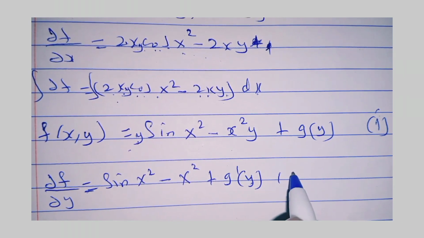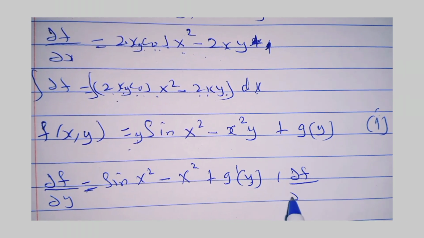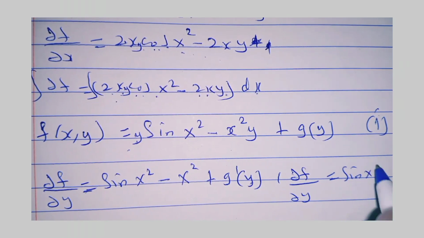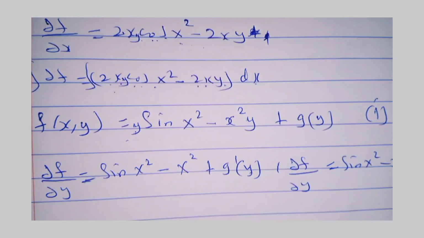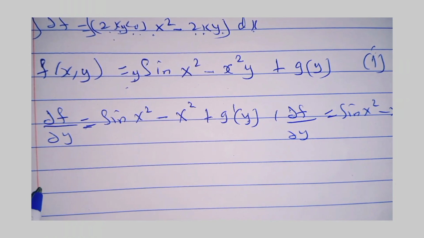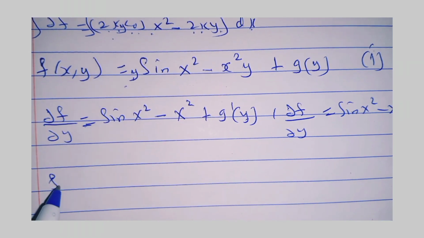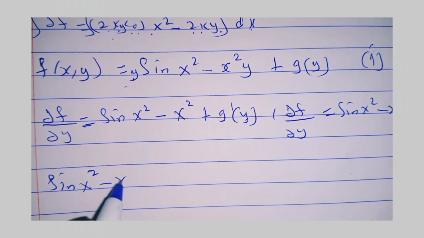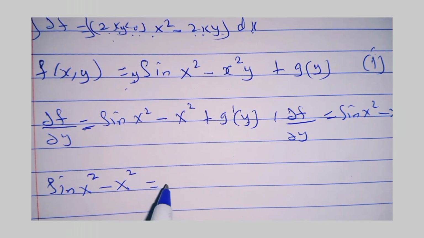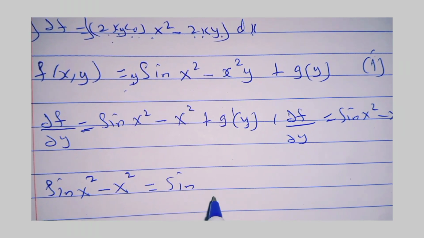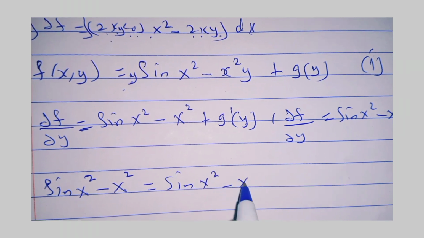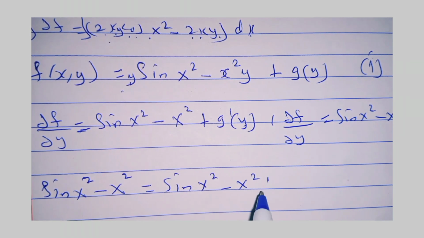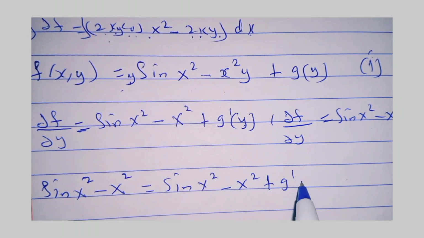Then we compare this with what we are given: the partial of f with respect to y is equal to sin(x²) minus x². We equate. The left hand side is the same, so we can equate the right hand sides of those two equations to get sin(x²) minus x² equal to sin(x²) minus x² plus g prime of y.